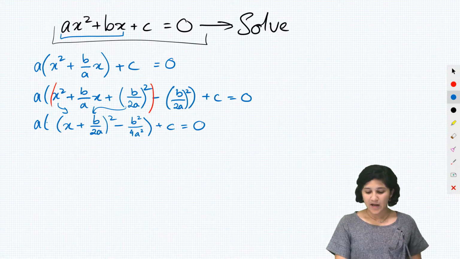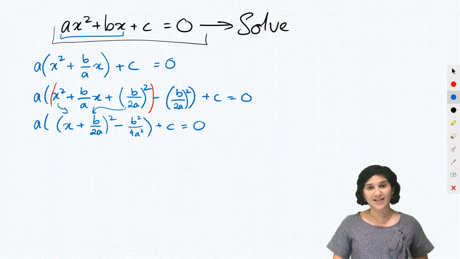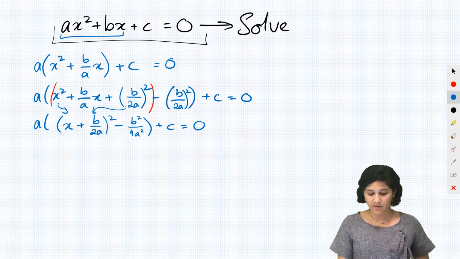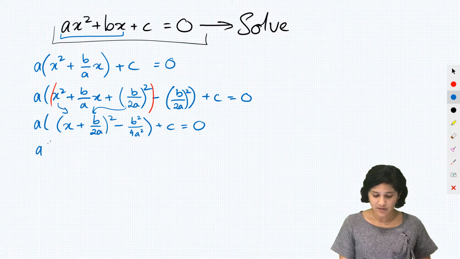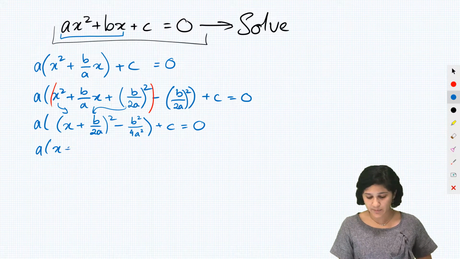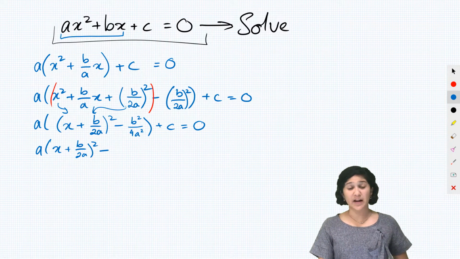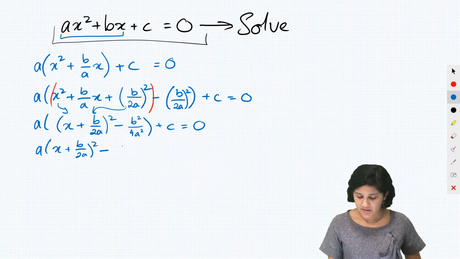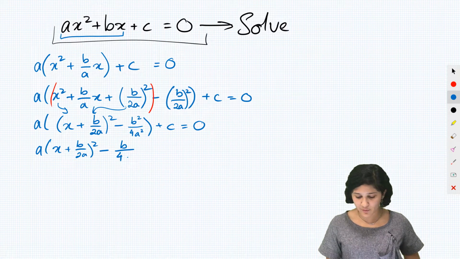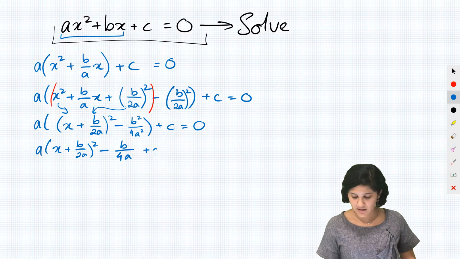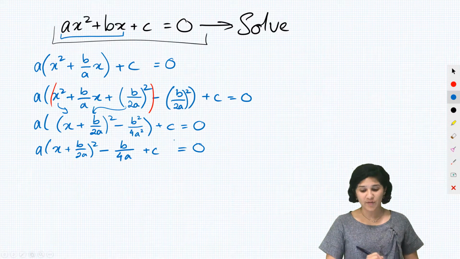Okay, now I'm going to get rid of this set of brackets by expanding, so multiplying everything inside by a. So I'll have a times x plus b over 2a squared minus a times this, which means I'm going to have one less a on the bottom. So I'll have b over 4a plus c equals 0.